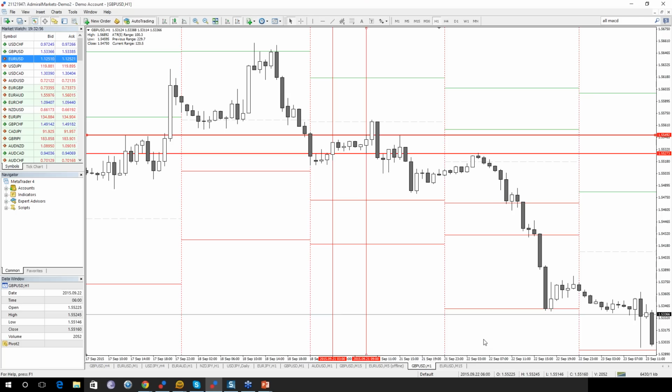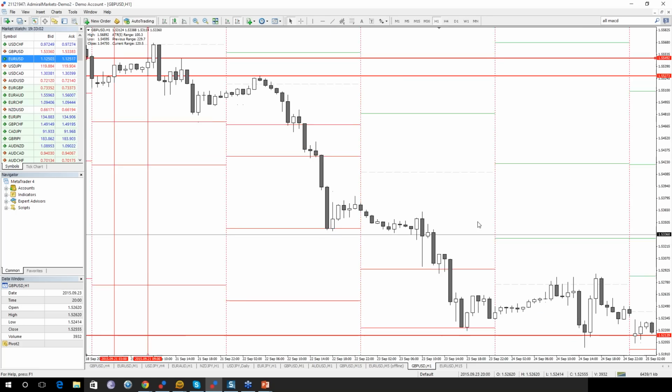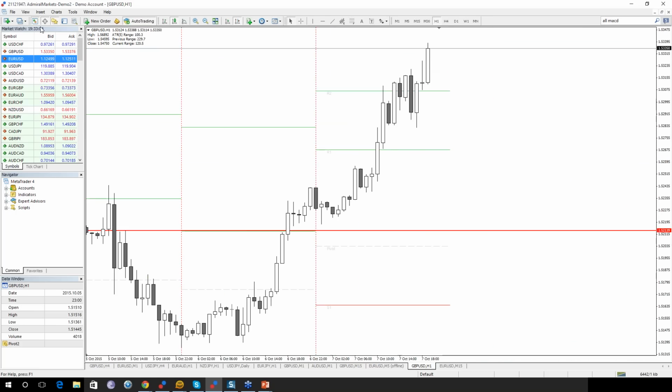Yes, Ella, for the Admiral Markets platform, this is the last candle. Okay, what is the time now on the platform? 7:33. Look at this. This candle says 7. Look here. It says 7. So when you see the candle time, it usually uses the time at the candle open.